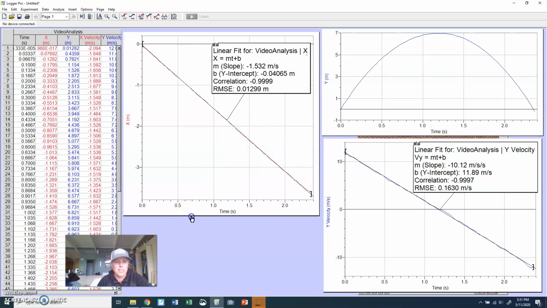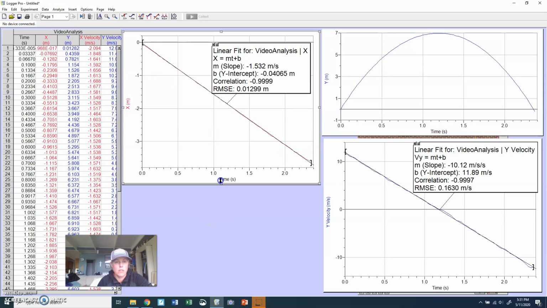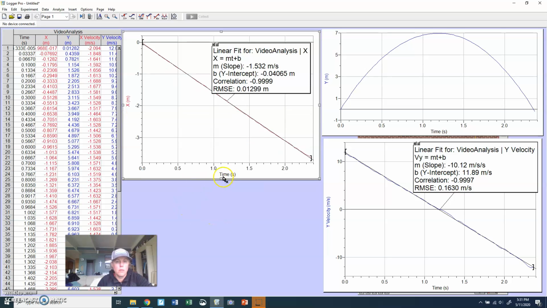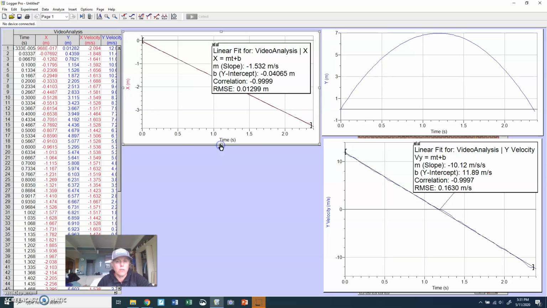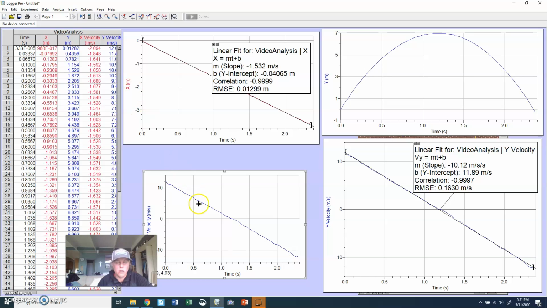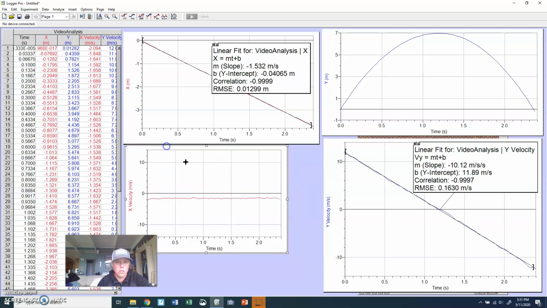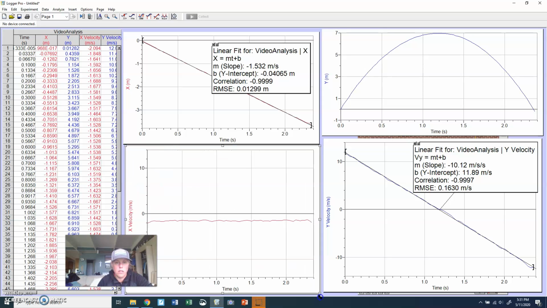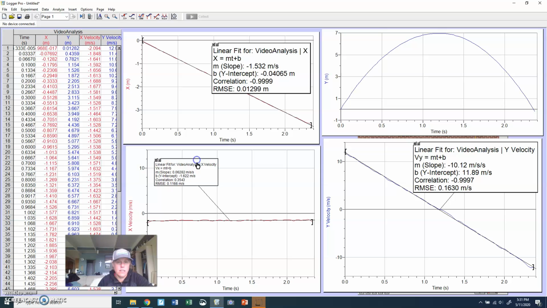It usually doesn't give us great data, but I'll put up the position or velocity versus time, and let's see. It's usually not great data. X velocity. That's pretty good. Looks pretty what? What data can you get from that? I look at that slope.